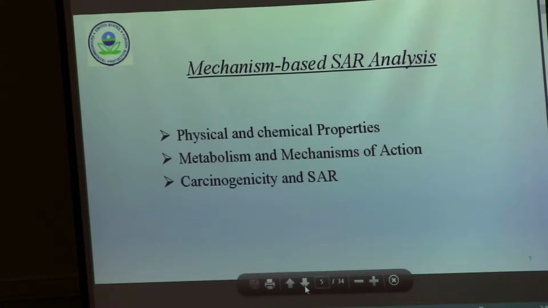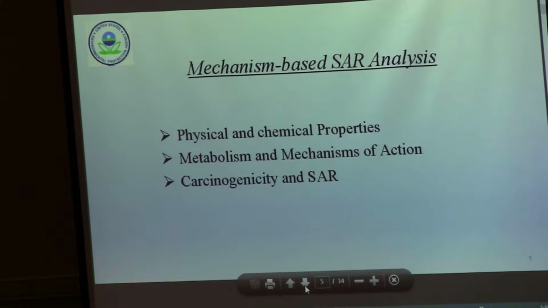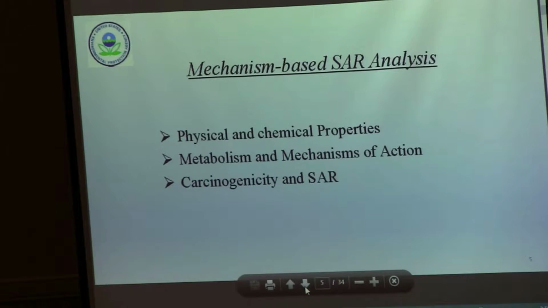Basically, what they do is find out the mechanism of the existing chemicals that are carcinogens, look at the physical-chemical properties and the metabolism, and then compare that with the chemical without any data.